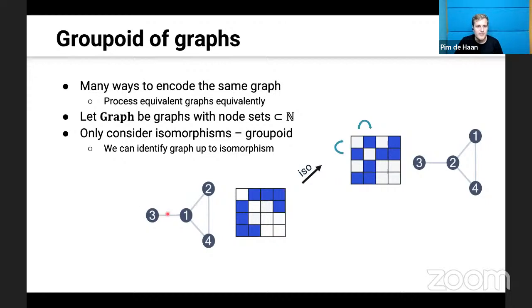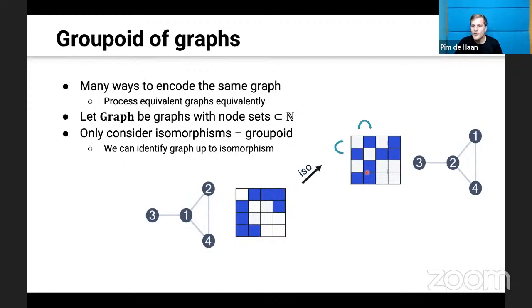So to give an example, we look at this edge from 1 to 3. I didn't make these directed, so let's take 1 to be the source node. So here we map this edge to this edge. Sorry, my screen is lagging.